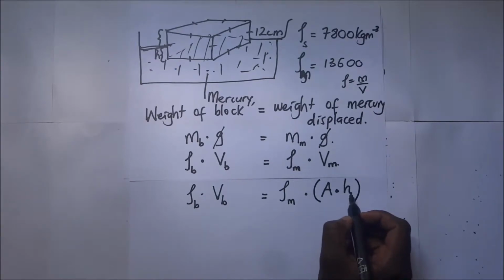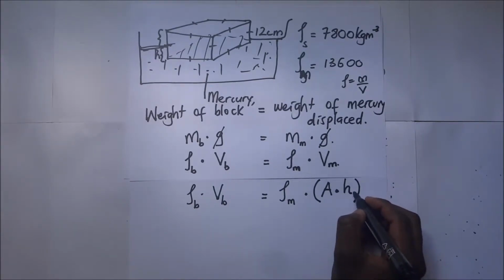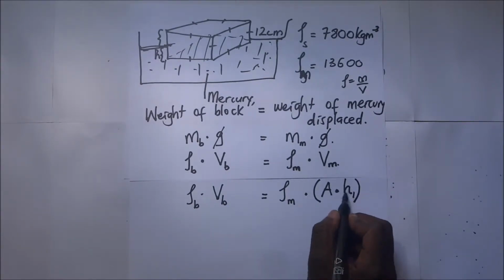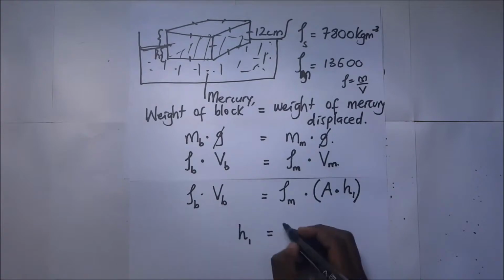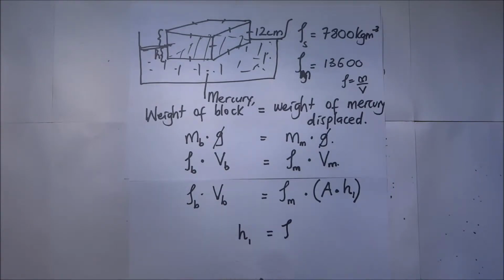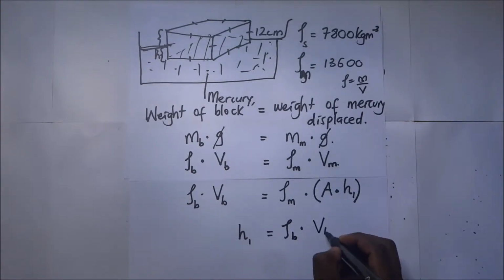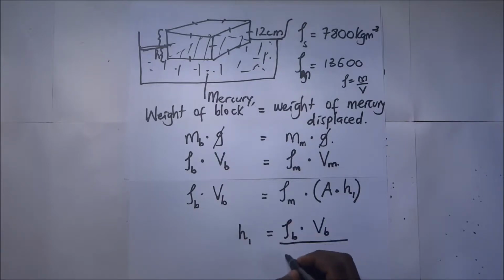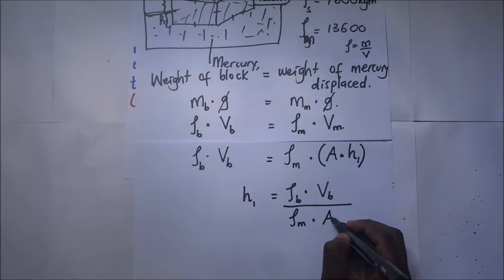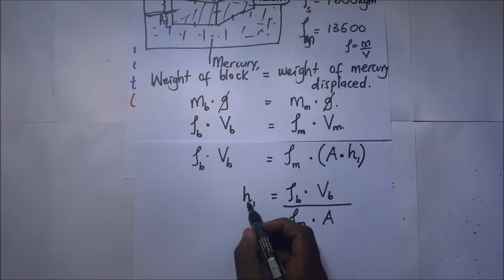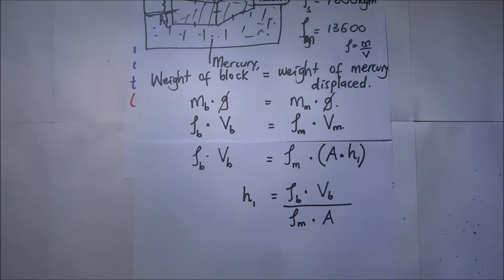So to get the height that has sunk in, let's call it H1. So you make H1 the subject of the formula. So H1 is going to be equal to the density of the block, multiplied by the volume of the block, divided by the density of the mercury, multiplied by the cross-sectional area of that cuboid, to get the height of the block that sank into the surface.